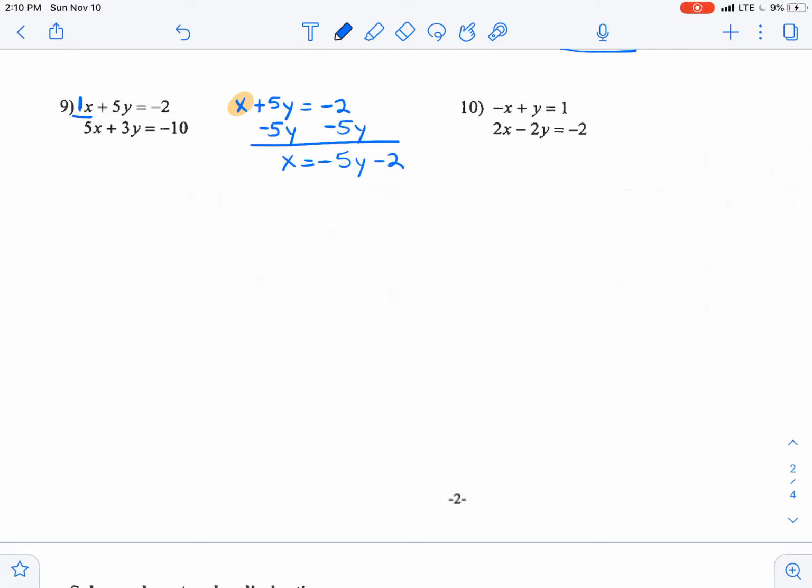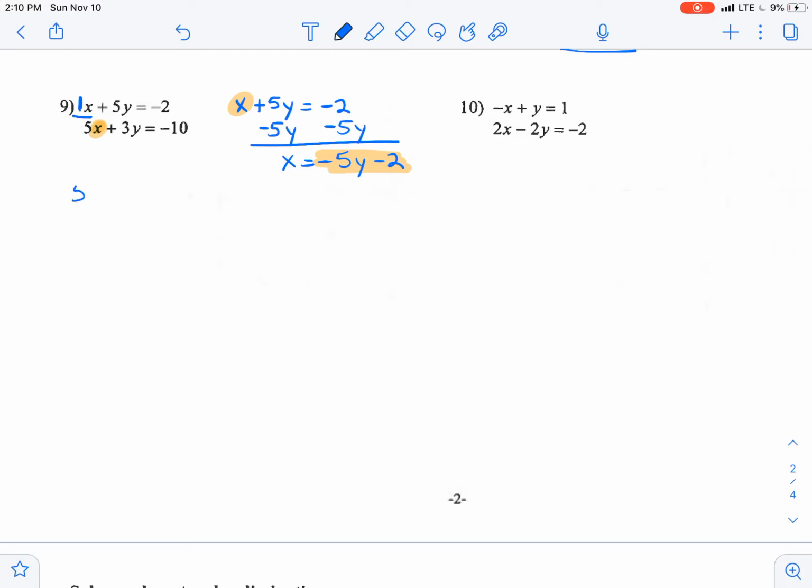Now, just like the other equations that we did, we now know what x is. And the others, we knew what y is, but now we know what x is. And so what you need to do is go to your other equation, okay? Because remember, this first one in blue was your first equation up there. I'm going to take that negative 5y minus 2, and I'm going to put it right where that x is.